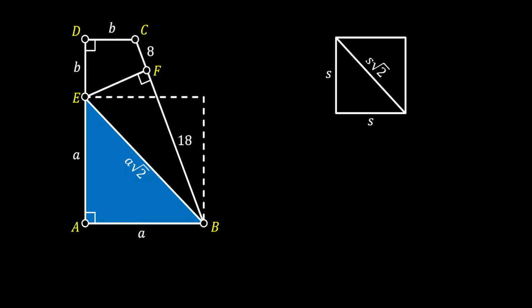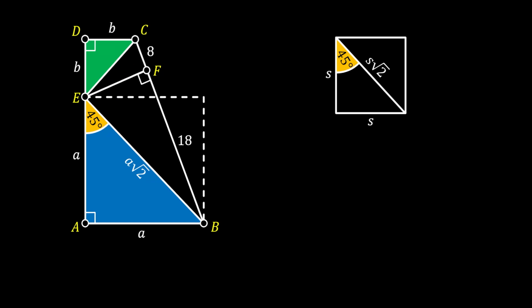Now, also, the diagonal forms the 45-degree angle with the side of the square, which means that on our sketch on the left, the angle at the point E must be 45 degrees. Now, using the same logic, let's pull a line from point E to point C, and as you can see, we will form another isosceles right triangle, EDC.